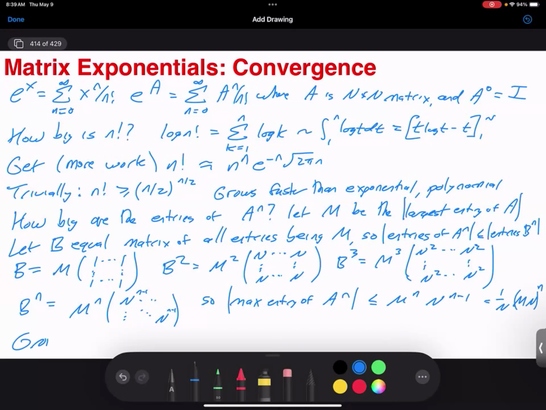So it grows like mn to the n, so the sum converges as we divide by n factorial, which is going to be greater than or equal to n halves to the n halves.